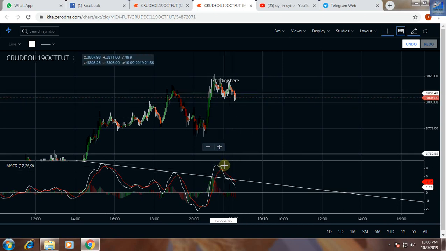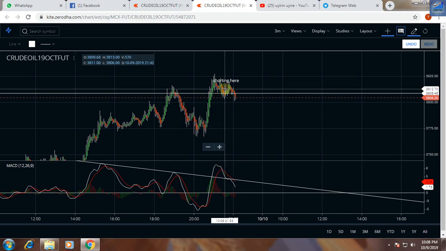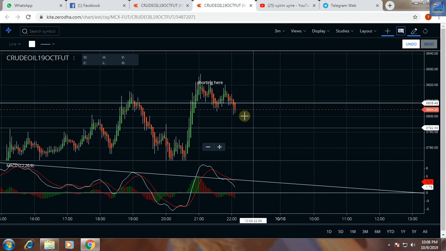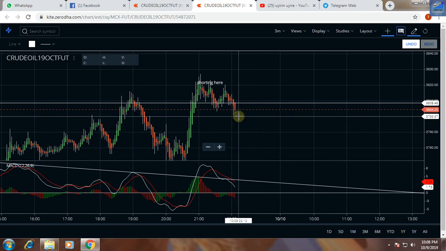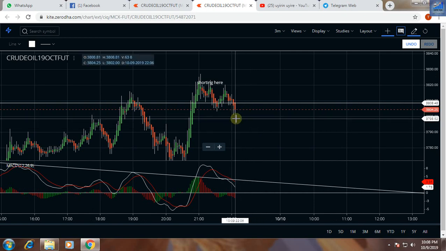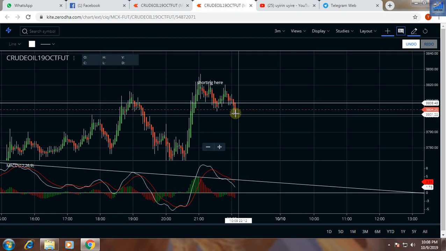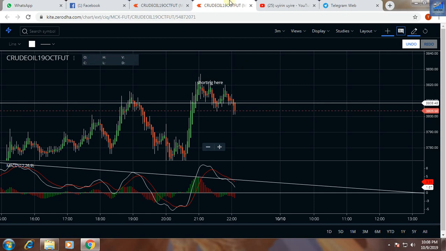So after the crossing, see the price is moving in a downward direction. The necessary momentum is not there. It should soon gain. So let's wait again and see if the price can break this particular resistance and come downwards.